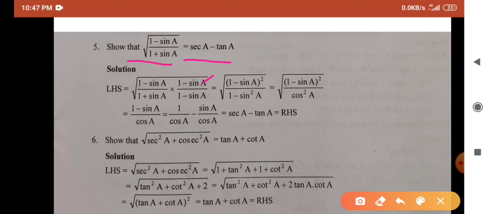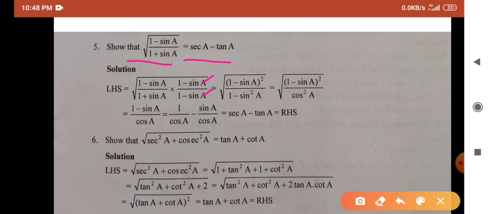Now in the numerator it becomes 1 minus sin a, 1 minus sin a, 2 times, means 1 minus sin a whole square. In the denominator it is 1 plus sin a, 1 minus sin a.